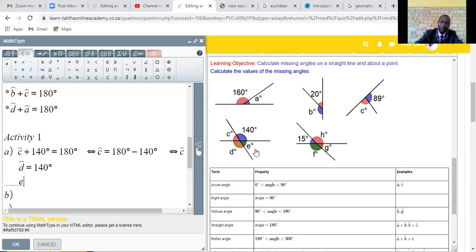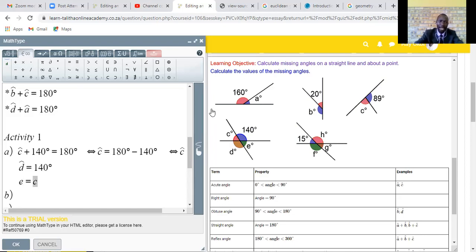We could say E and 140 also add up to 180 degrees. Or we could simply say E and C are vertically opposite angles. And because of that, E and C are equal to each other. In that case, we would say E is equal to C.